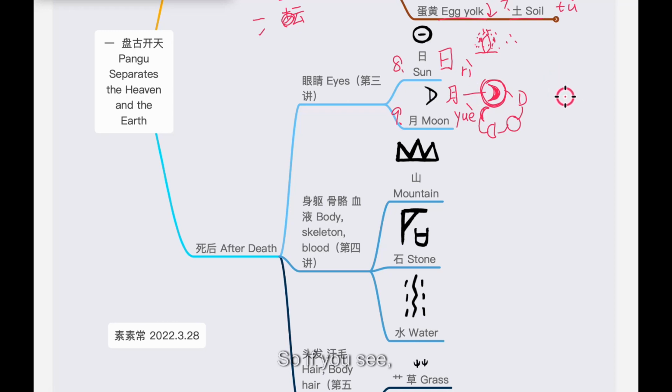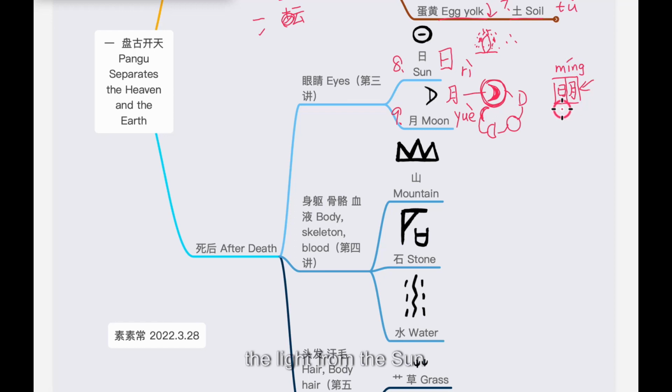So if you see 月 as a radical in a Chinese character, if it's on the right side, it means the moon. Like this character called Ming.